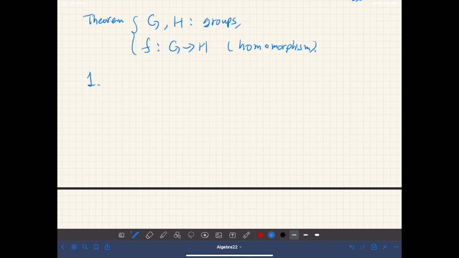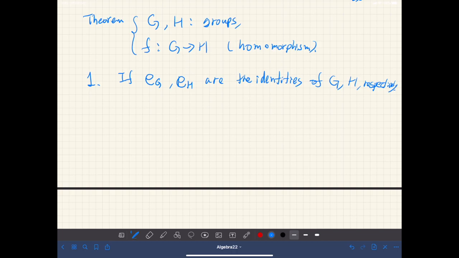First, let's say EG and EH are the identities of G and H respectively.